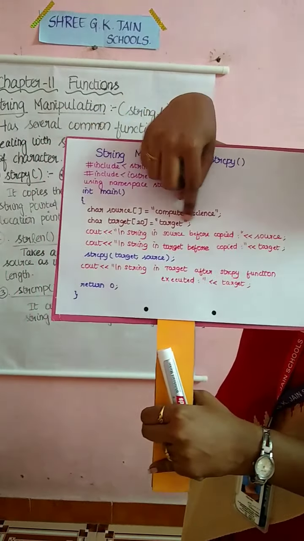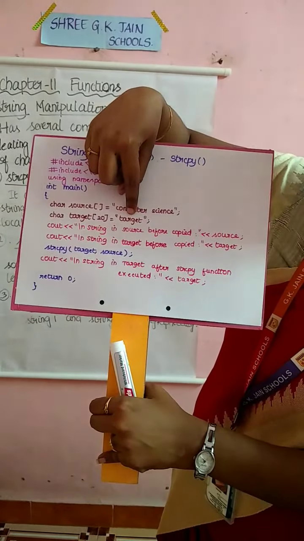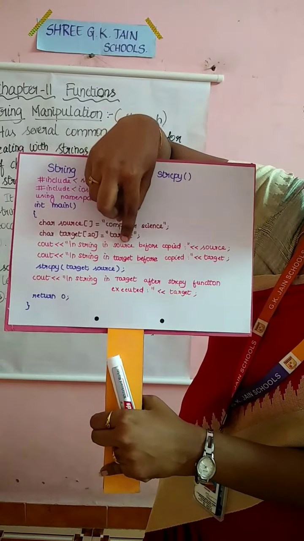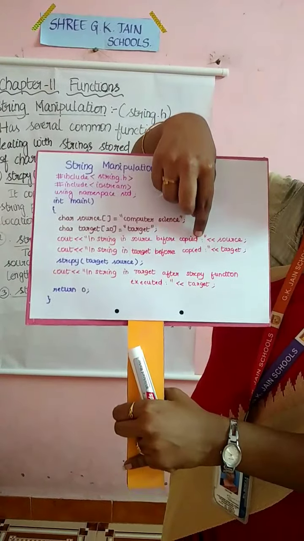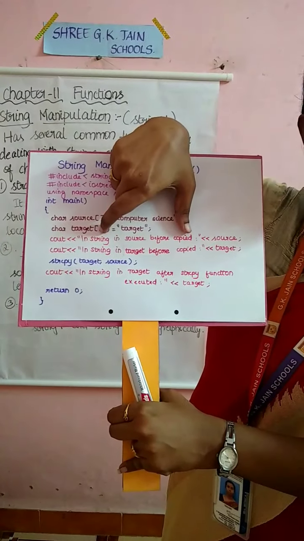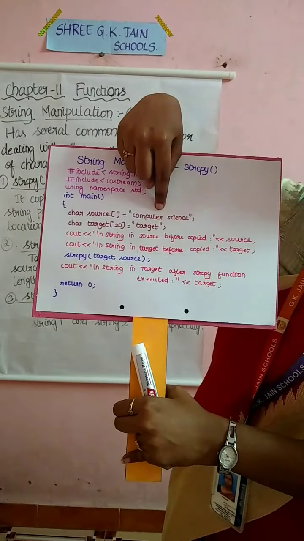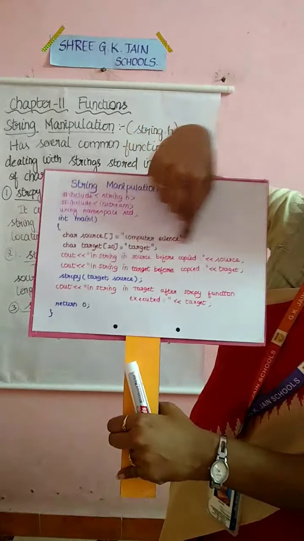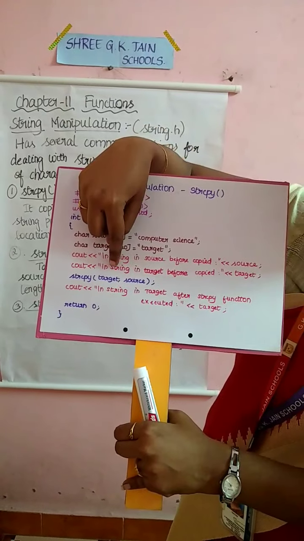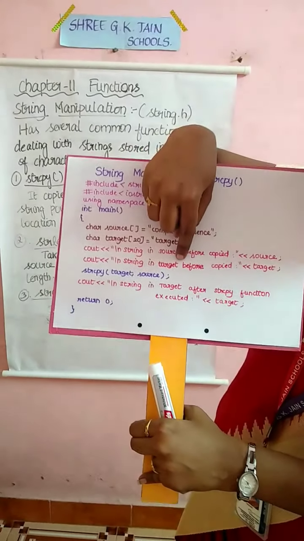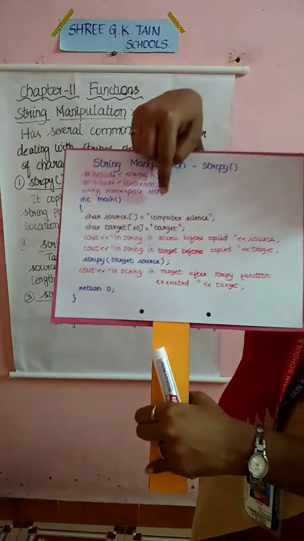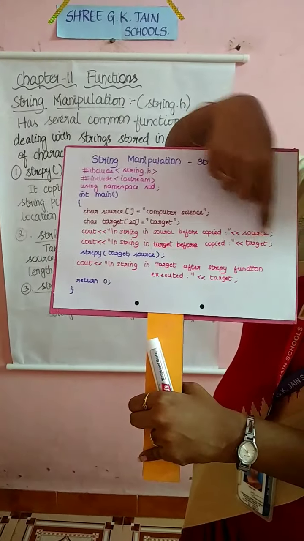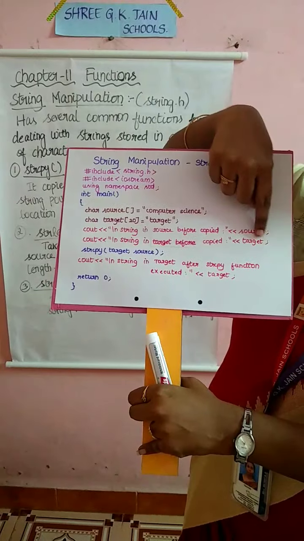Cout, string in source before copied. So you will get the first output statement as computer science. And the second output statement, string in target before copied, will show your target string.